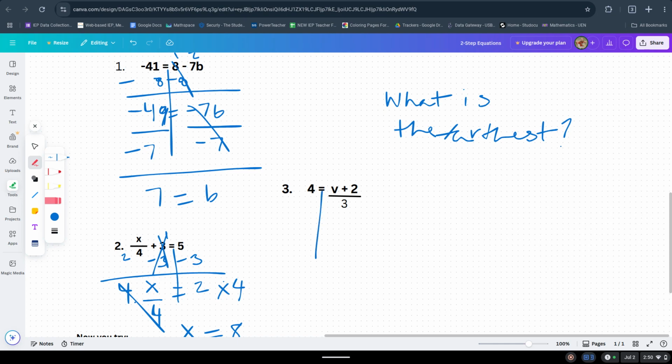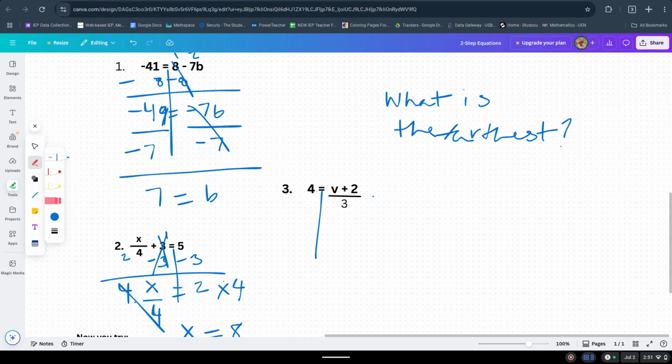The 4 is already farthest away, so it's taken care of. But when we have that big division sign, we actually treat it like a top and a bottom. Not like we did in number 2, where that's attached to the x. It's separate. So the farthest thing away from the b in this situation is the 3. So we're going to take care of that first.